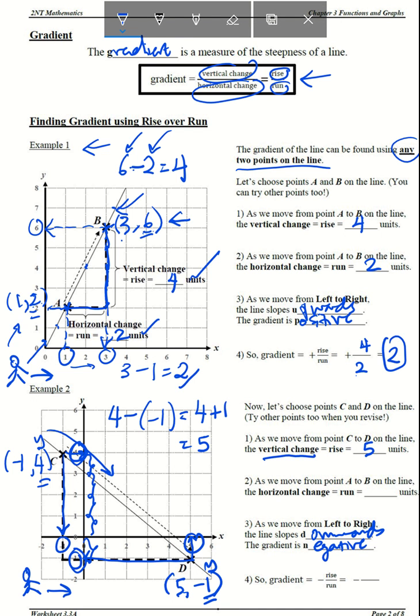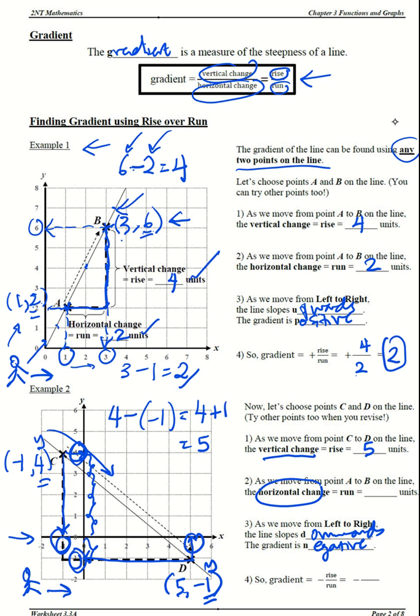Okay. Now, next one. The run is the horizontal change. So I'm going to look at the x value because the x-axis is the horizontal axis. Okay. So I look at the x value. It's from minus 1 over here to 5. How many steps is that? So again, I'm going to go and take the bigger number, 5, minus the smaller number. Bigger number minus the smaller number to know the difference, okay?